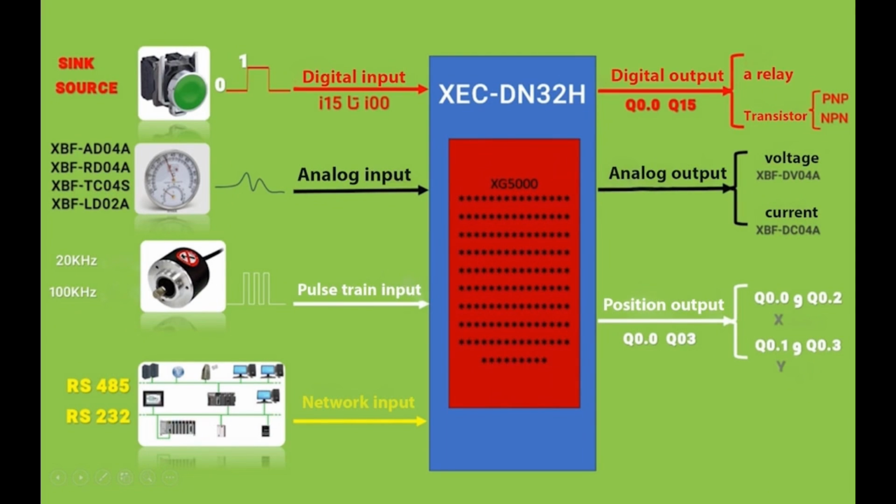The H-series PLC does not have analog inputs on its own, but we can add them to the PLC using an option card, and usually analog input option cards start with the code XBF.